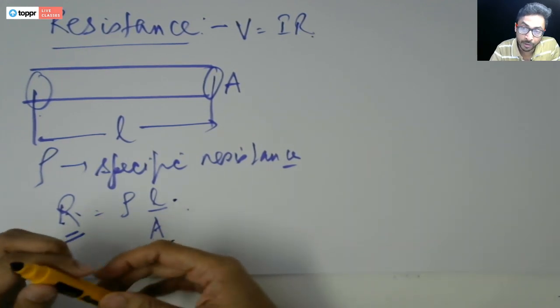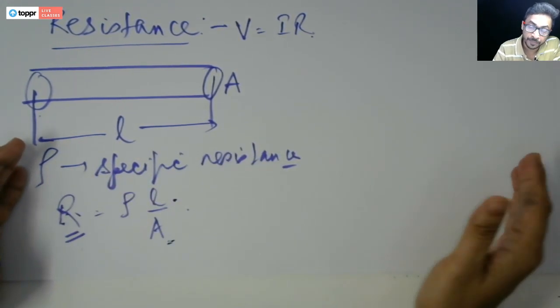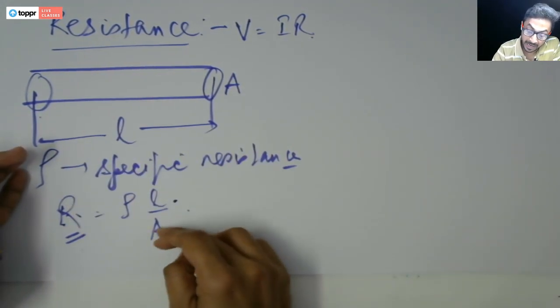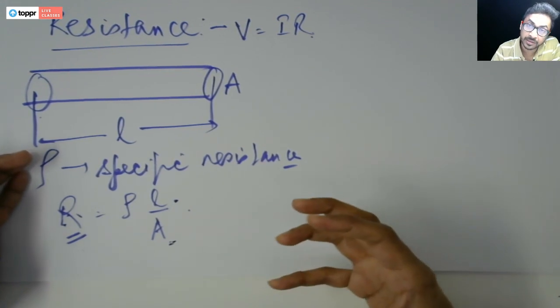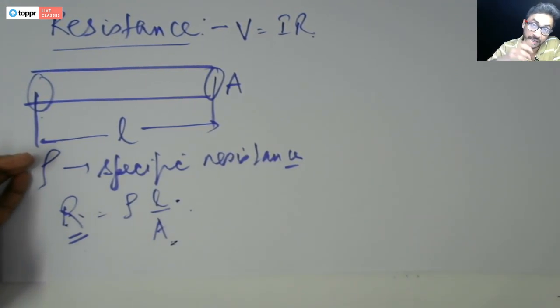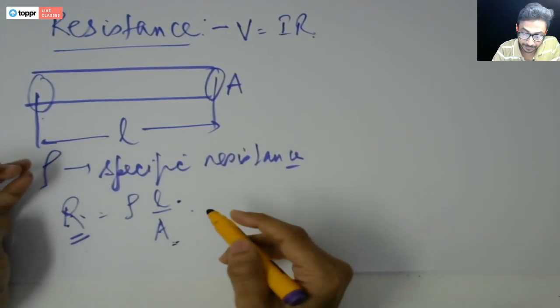You can think of it physically: if we take a longer wire, electrons get more obstruction to cross the wire. At the same time, if we take a thicker wire, electrons get more space to move. So with a thicker wire, that is more area, resistance will be less.